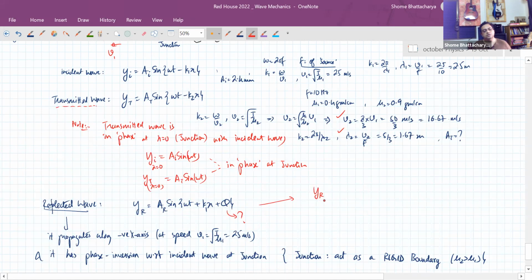At x equal to 0, the junction point, the effect of the reflected wave is A R sine of omega t plus phi, and the incident wave was A incident sine omega t. Now this must be phase inverted.